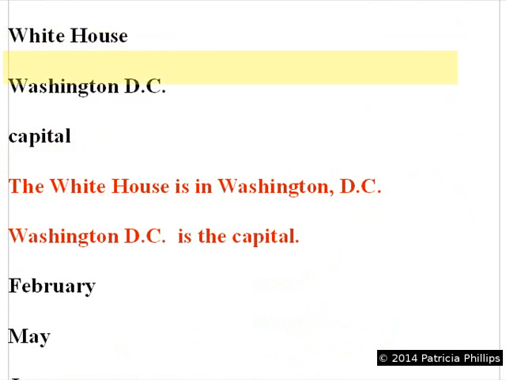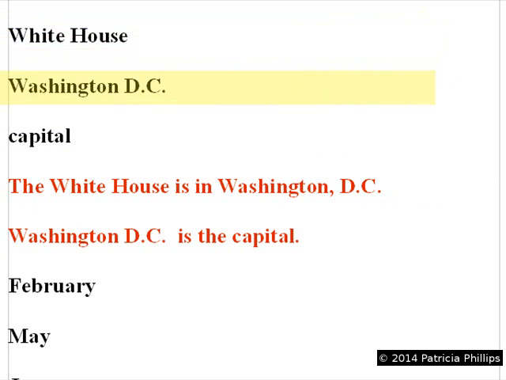White House, Washington, D.C., Capitol. Let's use these words in a sentence. The White House is in Washington, D.C. Another one. Washington, D.C. is the capital. Good. Let's do these all over again from the top.